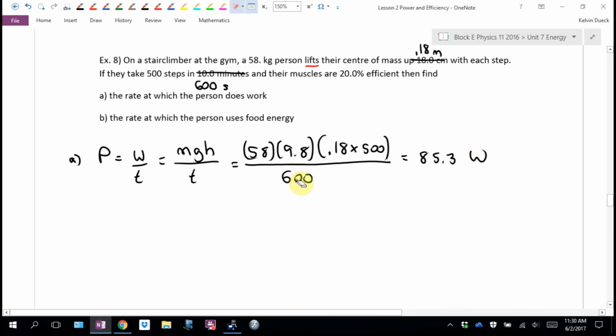What if they did it faster? What if instead of 10 minutes, they did it in 8 minutes? More power, same amount of work, more fatigue. What if they did it over 20 minutes? Same amount of work, less power. And that's why the rate at which you exercise changes how many calories are burned or how effective it is for you. It's not just what you do, it's how fast you do it.